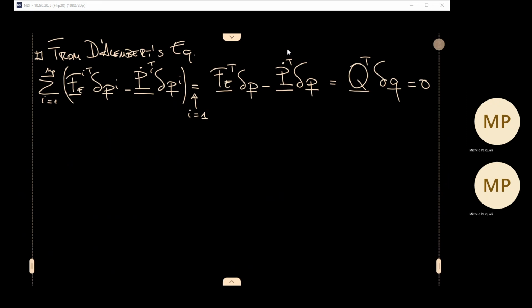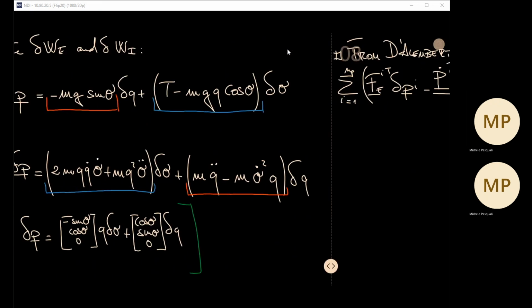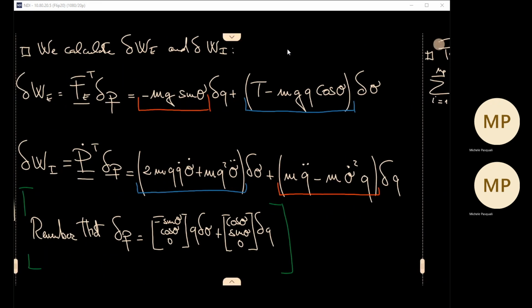So why did I write this? Because you see, we already have this. If you look at what you wrote in the previous slide here, you already have something which is multiplied by the q and the theta. Remember that delta q vector is just delta q and delta theta. Okay? This is how it's done.